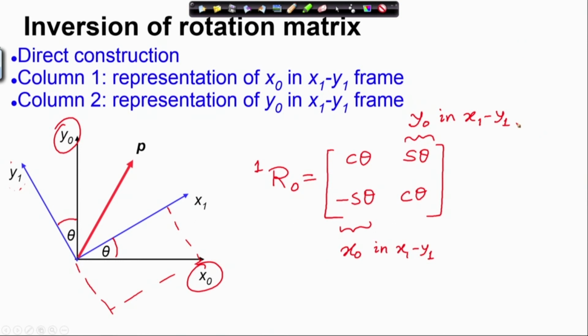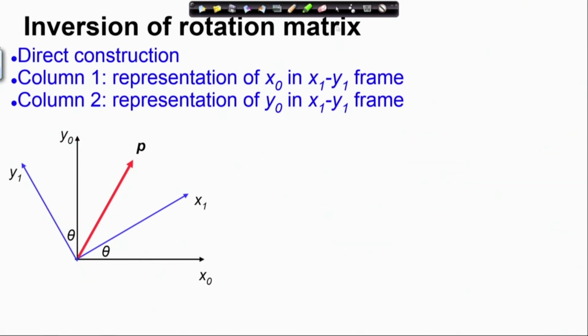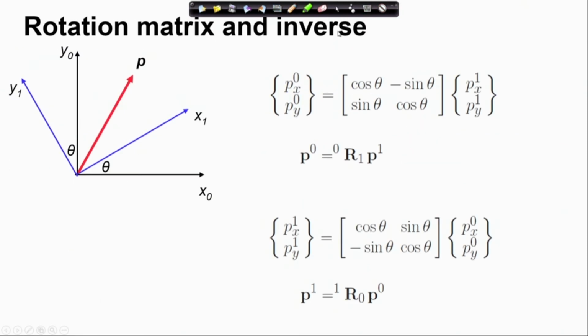So, that constructs the rotation matrix R from 0 to 1, and that you can check is the transpose of the matrix R from 1 to 0. Therefore, here I have written out the direct and the inverse rotation matrices, from frame 0 to 1 and 1 to 0.